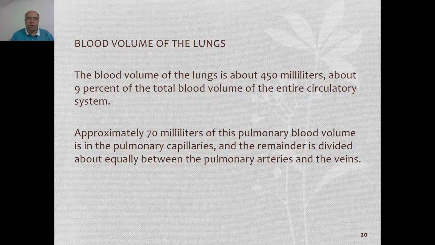Now the blood volume of the lungs. The blood volume of the lungs is about 450 milliliters, about 9% of the total volume of the entire circulatory system. Approximately 70 milliliters of this pulmonary blood volume is in the pulmonary capillaries, and the remainder is divided about equally between the pulmonary arteries and veins.